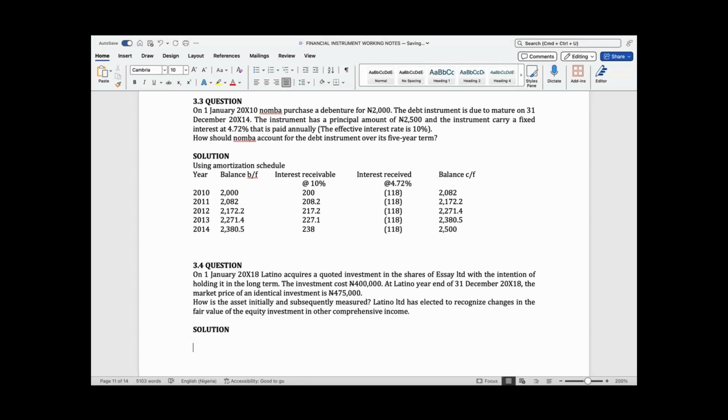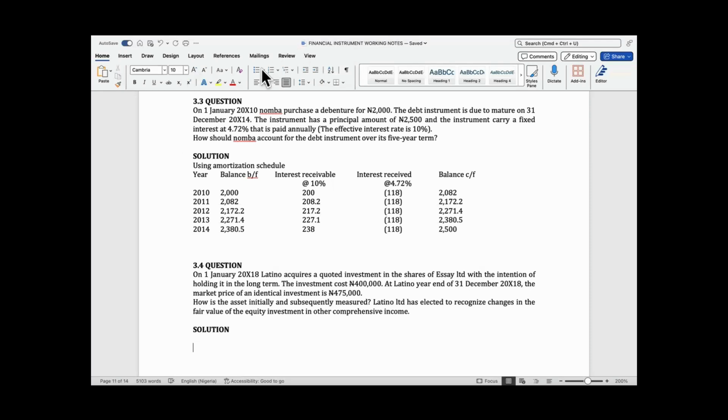On 1st January 2018, Latino acquires a quoted investment in the shares of SA Limited with the intention of holding it in the long term. The investment cost 400,000 naira.